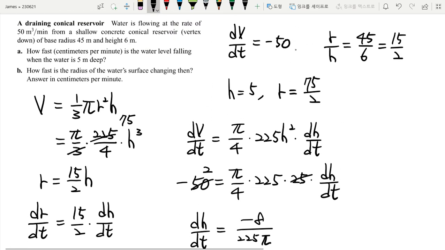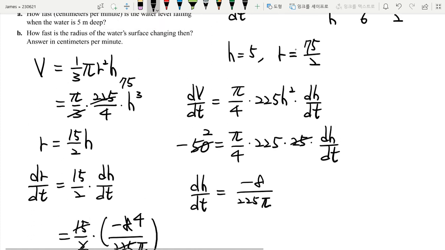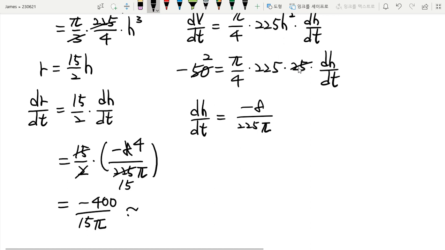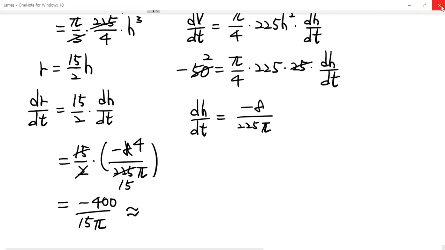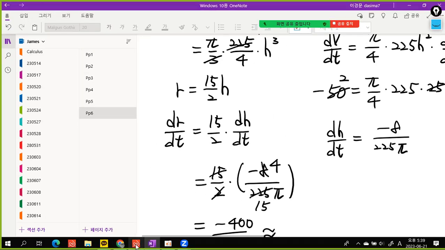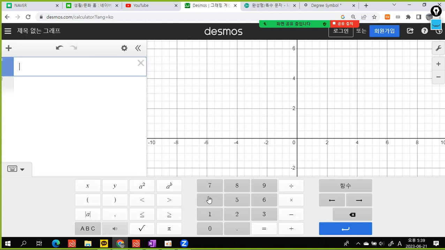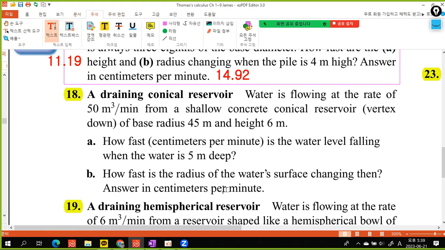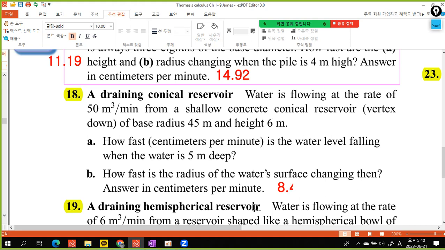Okay, and it changes centimeter per minute. If we want to change this to centimeter, we need to multiply by 100. So it's about 8.49. We can say minus because it's decreasing.